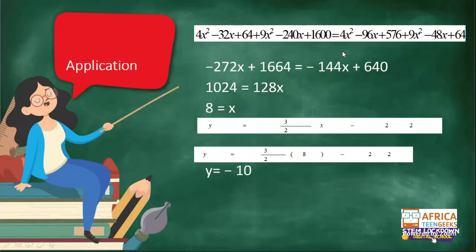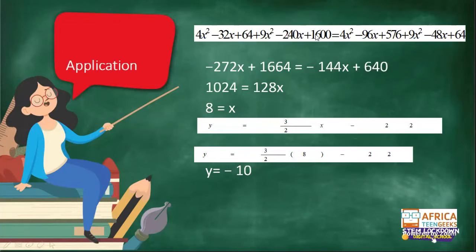So after this step, this is where now you can group the like term together and also reduce them. So by so doing, you're going to see that the next step here, because this 4x squared and this 4x squared, they can cancel out. Now you're going to have minus 32x and minus 240x, which is about negative 272x on your left hand side.